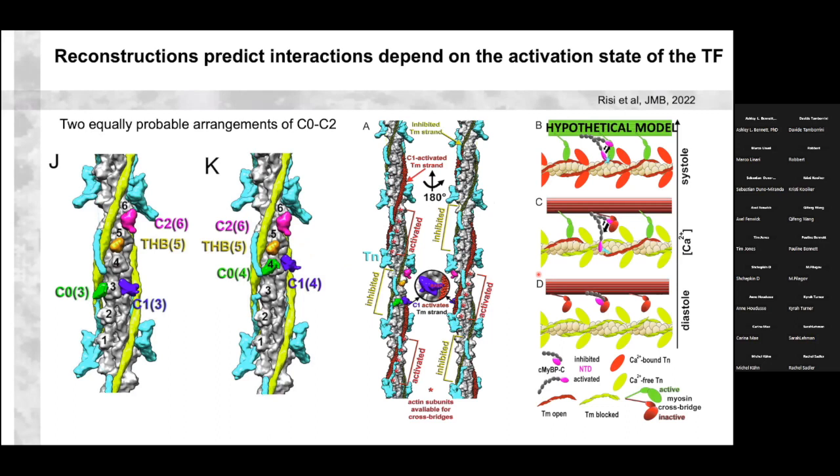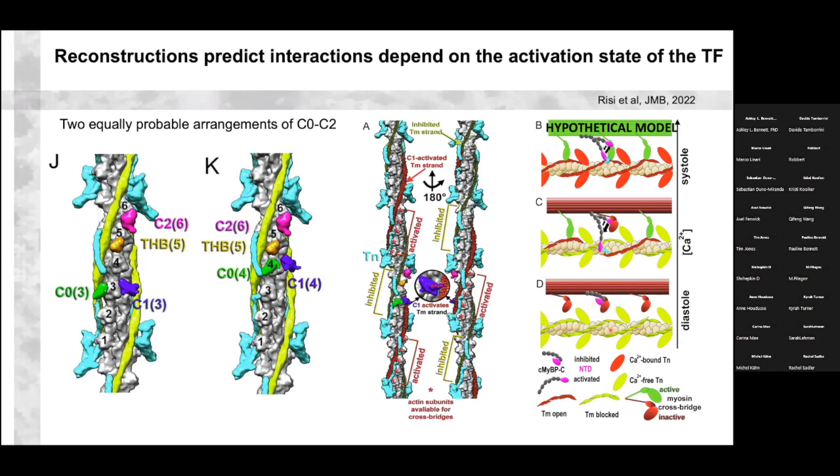we built a hypothetical model of how C protein might be able to transfer from the thick filament to the thin filament. And what I want to get across here is that during diastole at low calcium, we were predicting that there would be very few interactions of C protein with the thin filament, and that was based on some of our own data as well as published data in the literature showing calcium sensitivity of the N-terminus here.